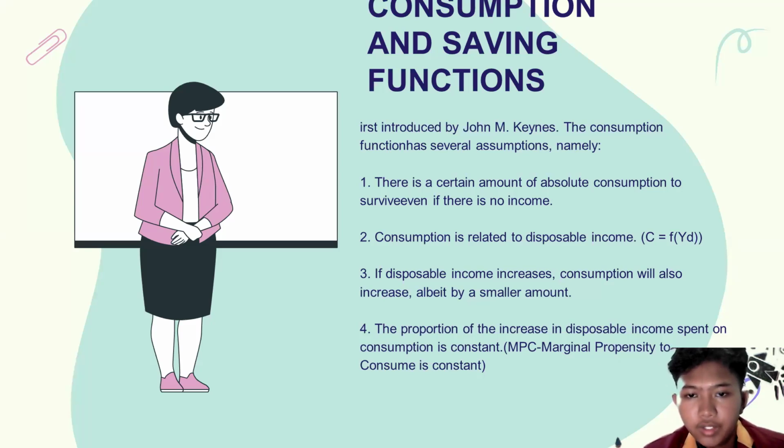The consumption function has several assumptions, namely: number one, there is a certain amount of absolute consumption to survive if there is no income; number two, consumption is related to disposable income; number three, if disposable income increases, consumption will also increase, albeit by a smaller amount; number four, the proportion of the increase in disposable income spent on consumption is constant, so the marginal propensity to consume is constant.